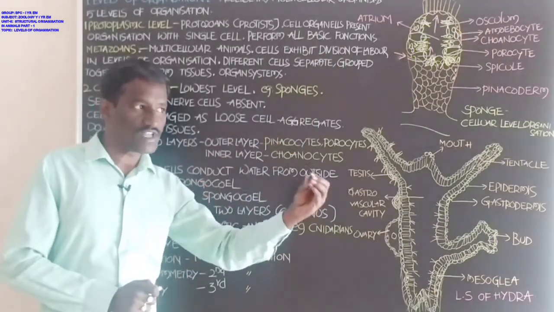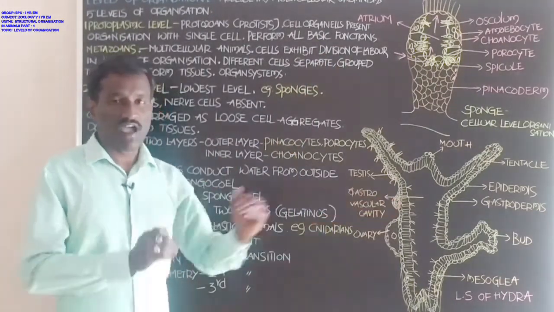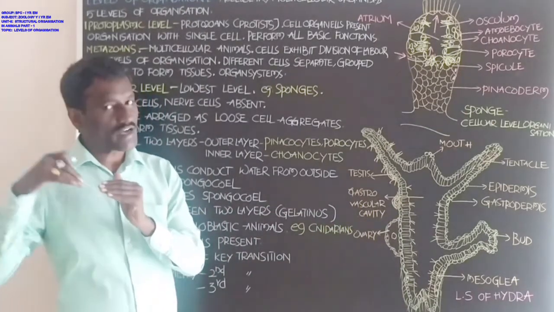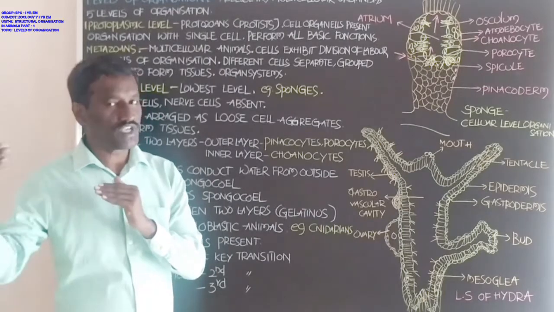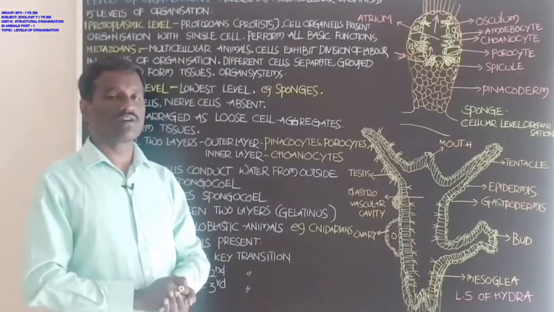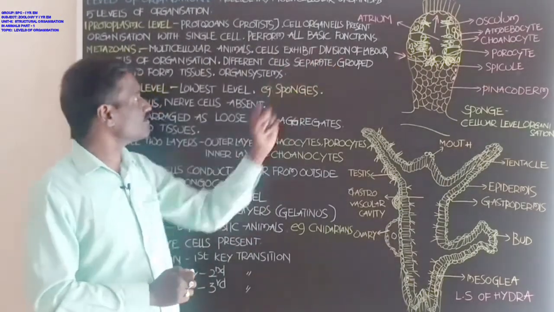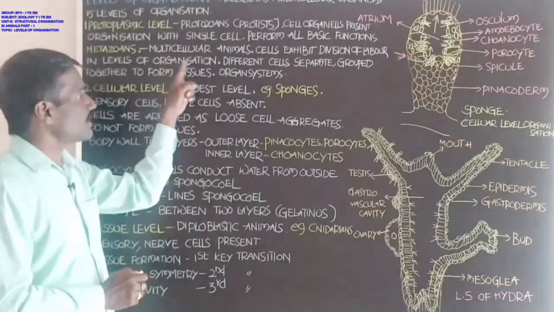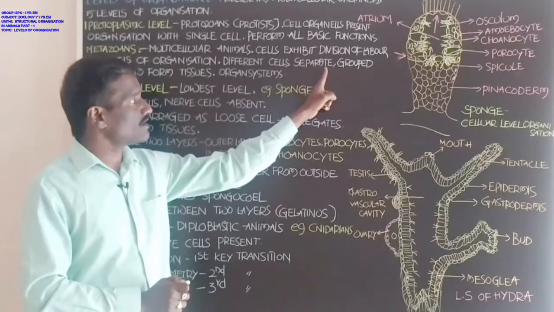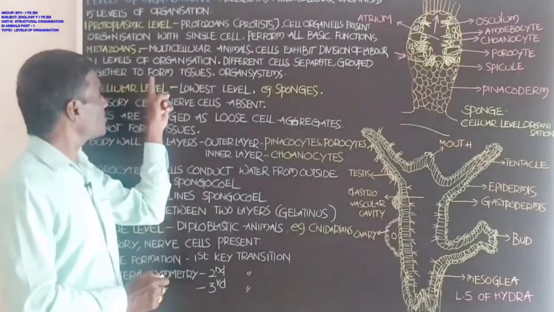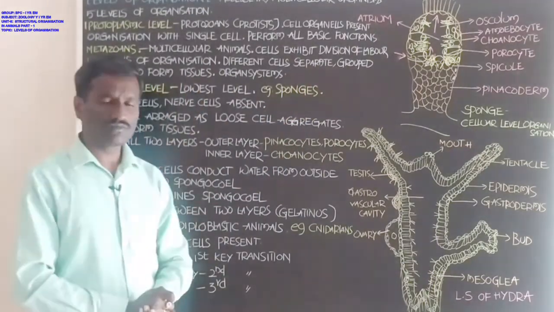Another type of cells performs a different action. That is called cells exhibiting division of labor in levels of organization, and different cells separate and group together to form tissues.